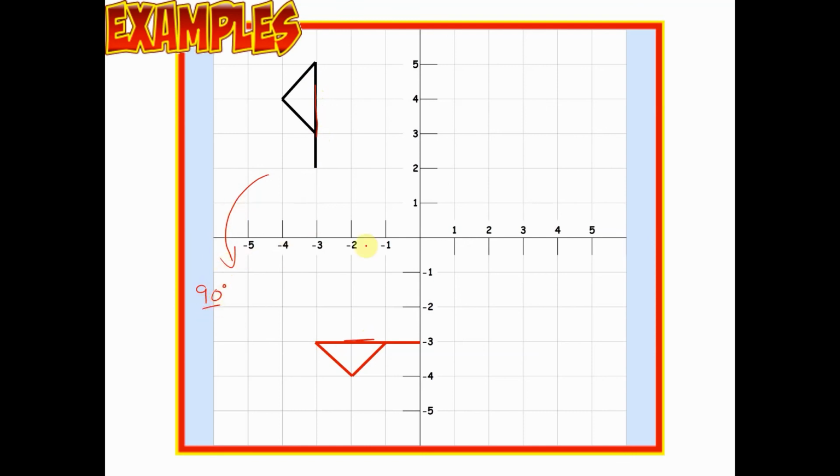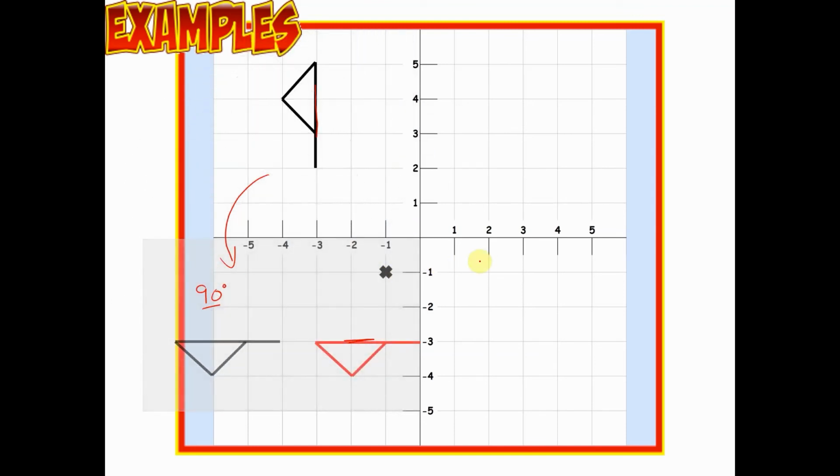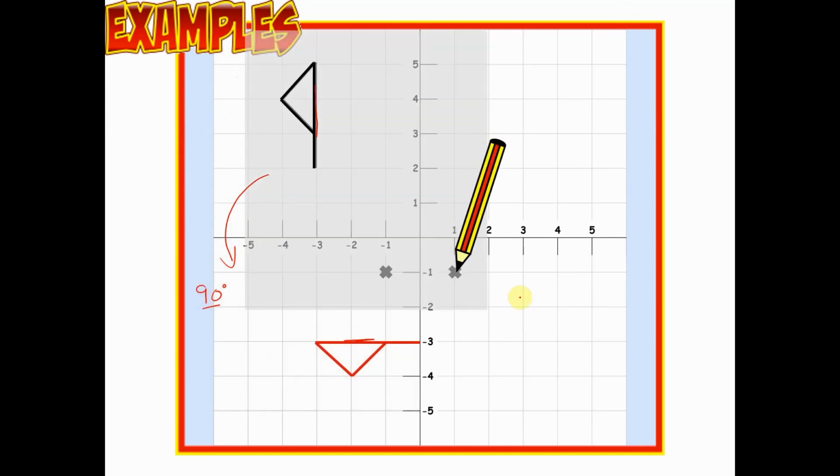All we have to find now is the center of rotation. And as we did before, we're going to try to take several points, okay, to try and find out the proper center of rotation, okay.